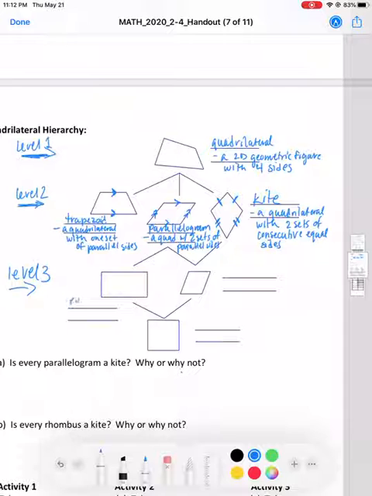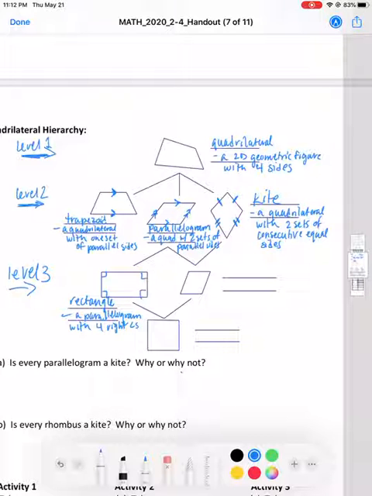This is the rectangle, and the rectangle has all the characteristics of a parallelogram and 1 other new characteristic. So a rectangle is a parallelogram with 4 right angles. It has the same thing, the sides are parallel, the same length opposite each other, but the distinguishing characteristic is that all of these angles are right.